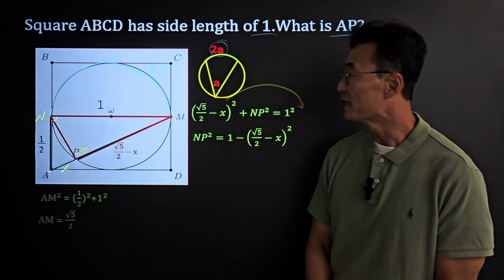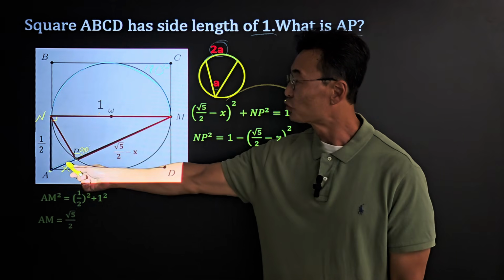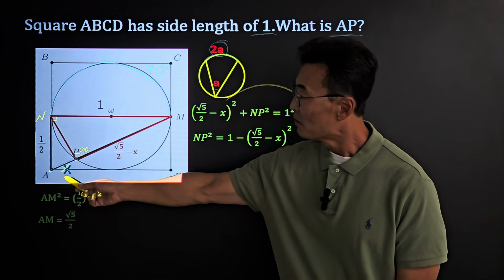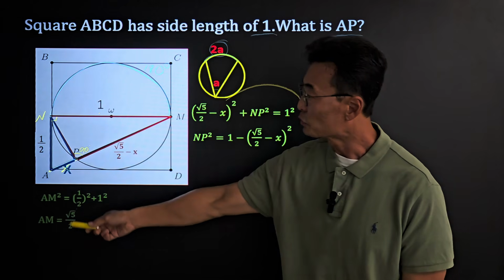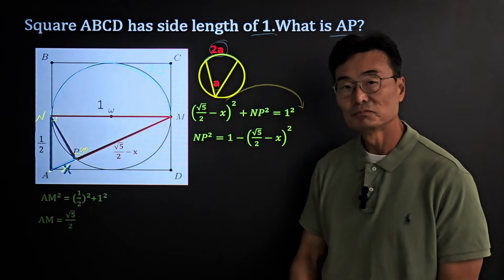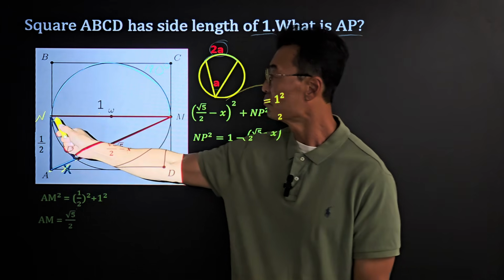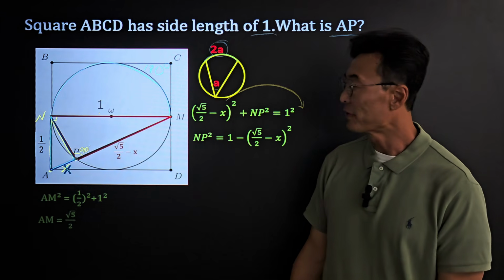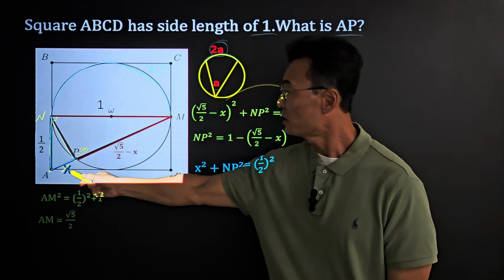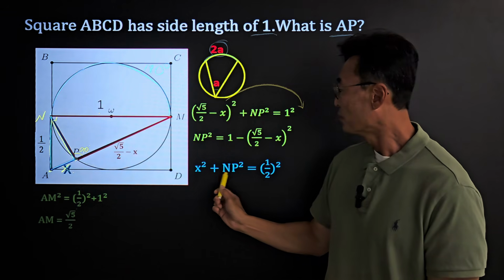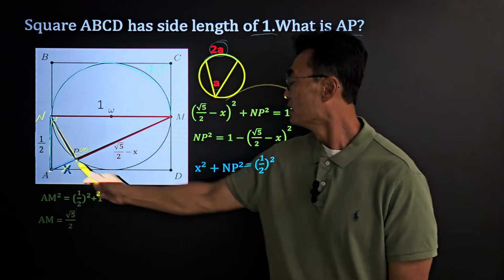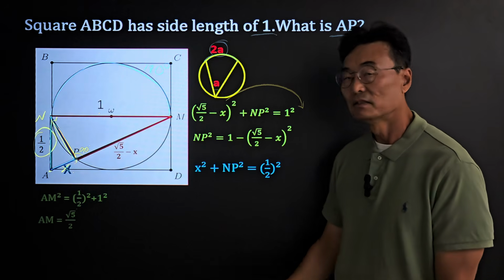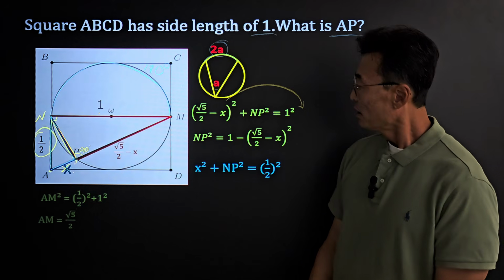Moving on, we now have the triangle on the left, the blue triangle. Once again using the Pythagorean theorem, we have x squared, the base of the triangle, plus NP squared, equals the hypotenuse, or (1/2) squared.